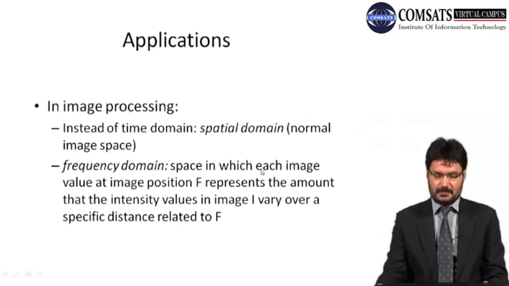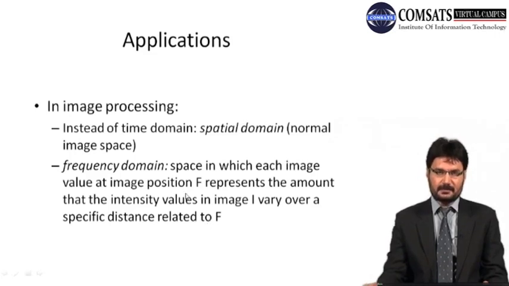And in the frequency domain, it is the space in which each image value at image position f represents the amount that the intensity value in the image I varies over a specific distance related to f.